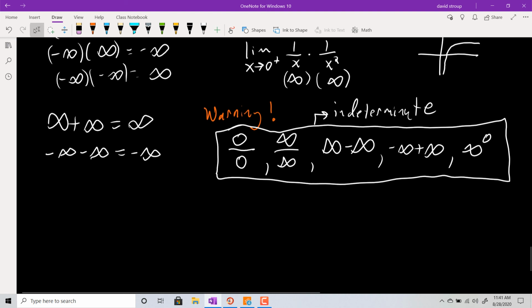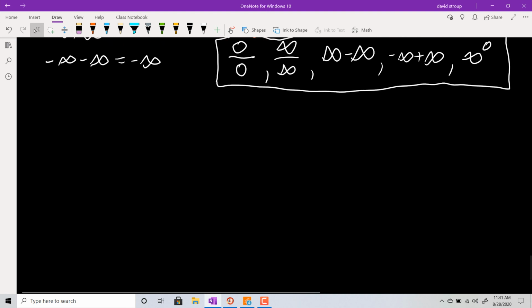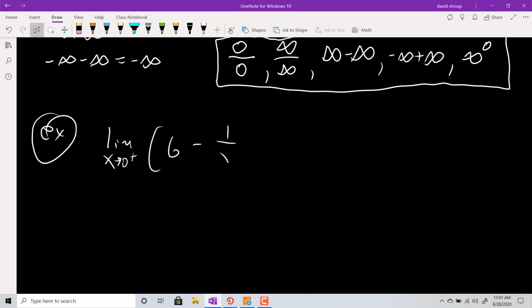Let's look at maybe one or two more from the book. Example: the limit as x goes to 0 from the right of 6 minus 1 over x cubed. This is the form L minus some sort of infinity, or maybe L plus infinity. I just have to figure out what kind of infinity I'm dealing with.